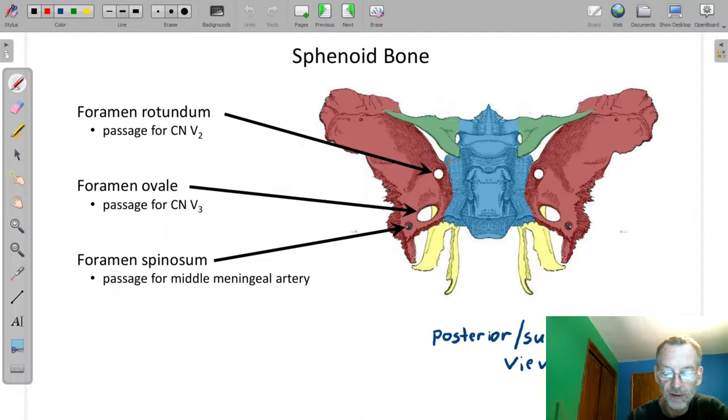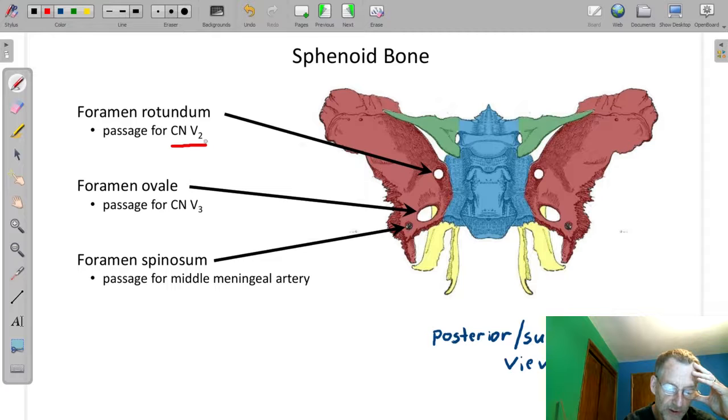So the foramen rotundum, we discussed that in an earlier lecture when we were talking about the infratemporal fossa and the pterygopalatine fossa. So this is the foramen rotundum, and what passes through it is the second branch of the fifth cranial nerve, or V2 as it's sometimes abbreviated.